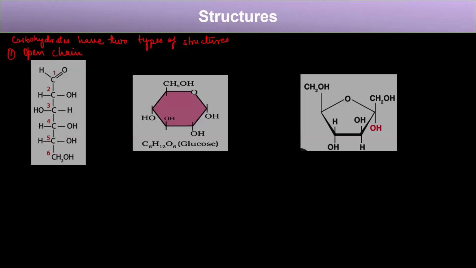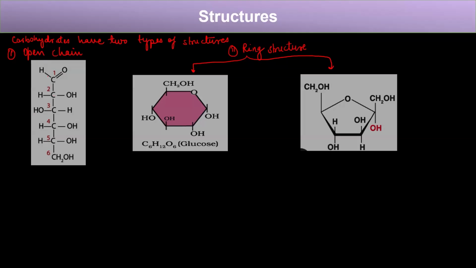It is a linear chain structure. The second type is the ring structure. In the ring structure also, there are 2 types based on the type of ring. So we are seeing here 2 different types of ring. First, let's see open chain.